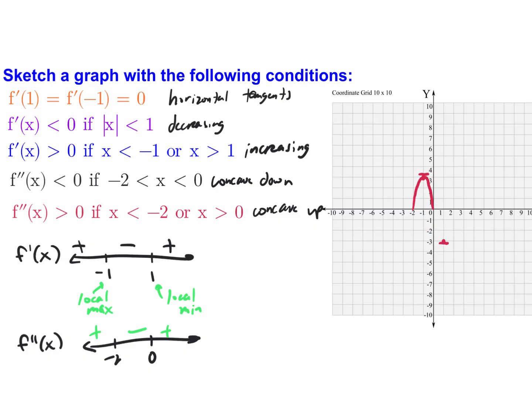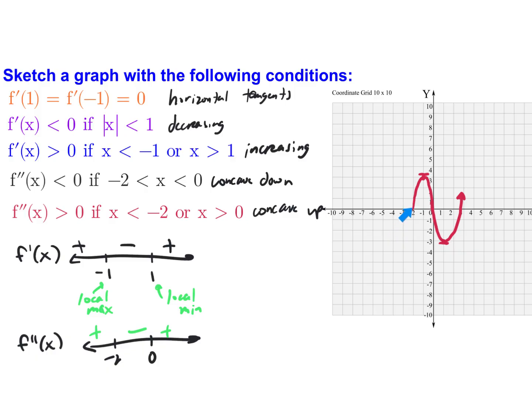But the concavity has to change. So this is what I came up with. It kept decreasing. Then at that point, it went increasing, and it stays concave up. So it's going concave up forever. And then over here, you could have lots of different things.